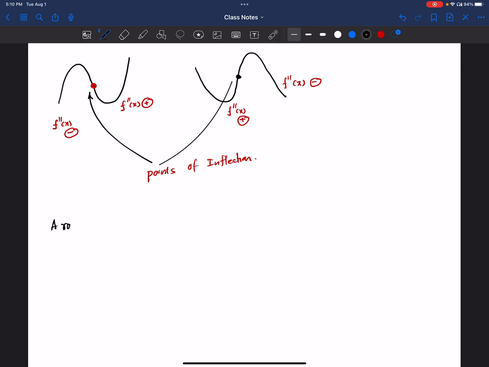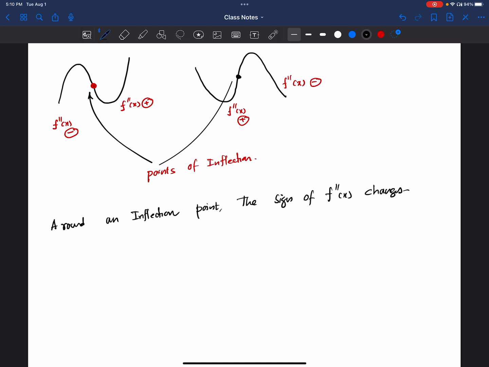Around an inflection point, the sign of f double prime of x changes.